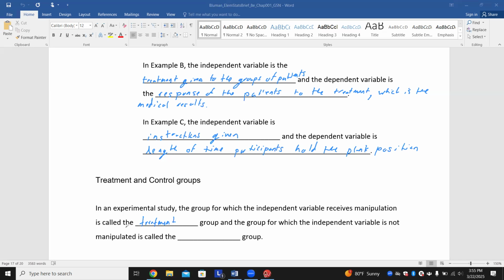And the group for which the independent variable is not manipulated is called the control group. So if they were already taking a certain medication, they would continue taking that medication to see what the results look like. And then if we thought we had a treatment that was better than what they're already taking, we would change to the new treatment and then again observe, did that fix it or not?